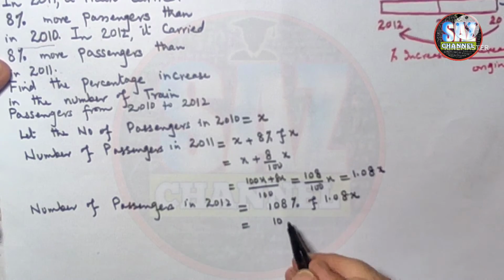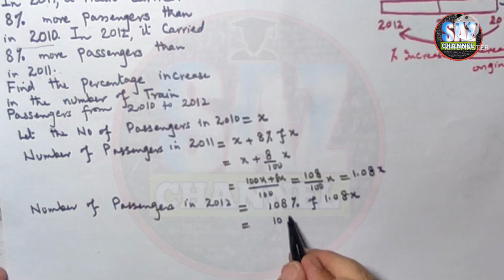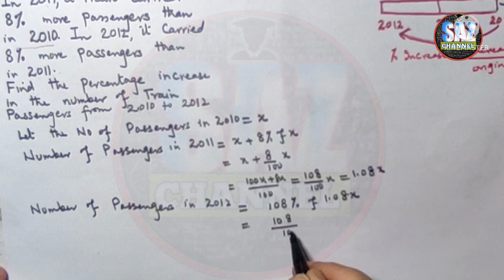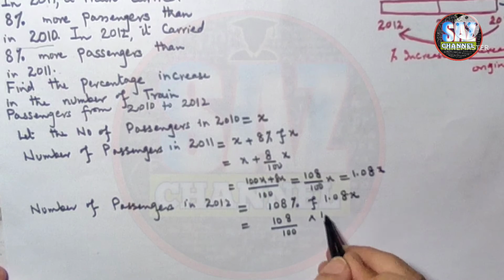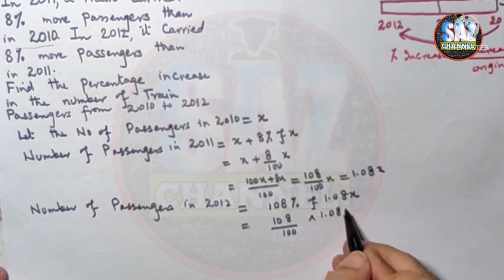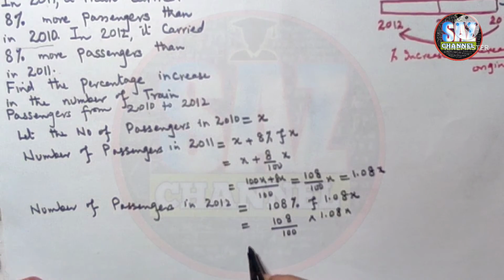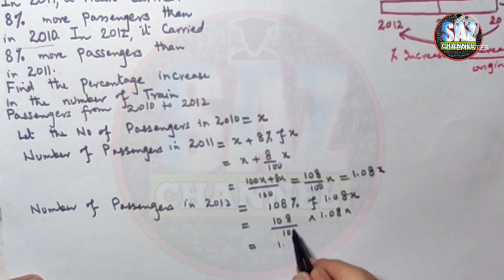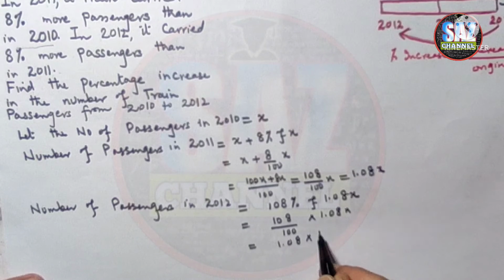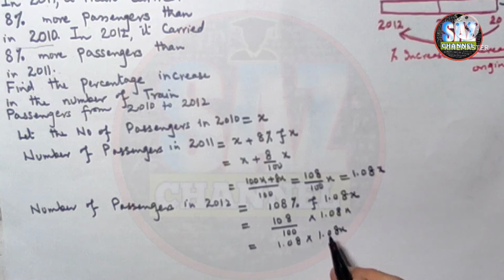When I remove the percentage sign, I have to divide by 100, so this becomes 1.08 multiplied by 1.08x.